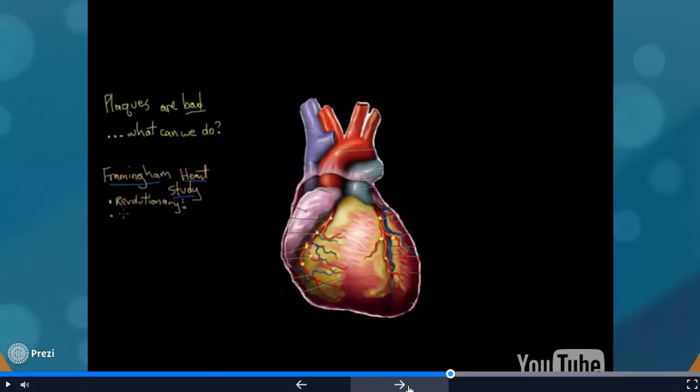It showed that there were risk factors for developing coronary artery disease. That's revolutionary because it means there's something we could potentially do to reduce the incidence of coronary artery disease, which is the leading cause of death in men and women in the U.S.